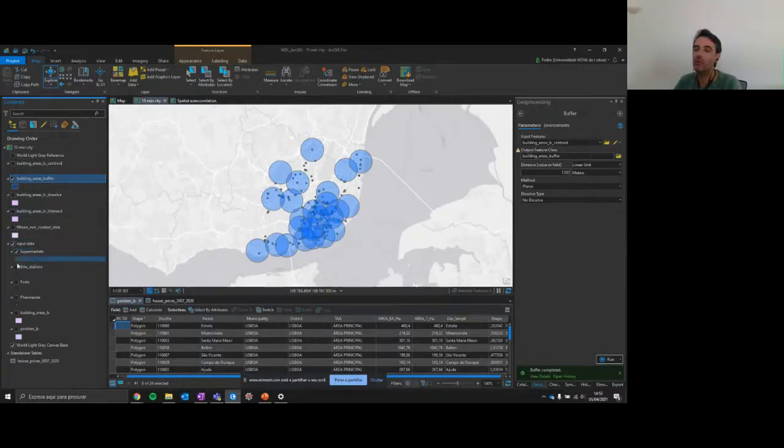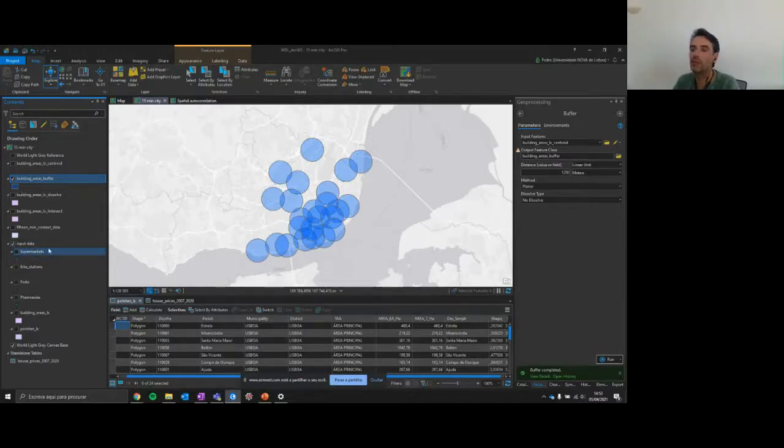And now, in each one of these areas, I want to assess the accessibility to these services that I highlighted. To do so, you will aggregate all these variables to each one of these buffers, these 15-minute areas.